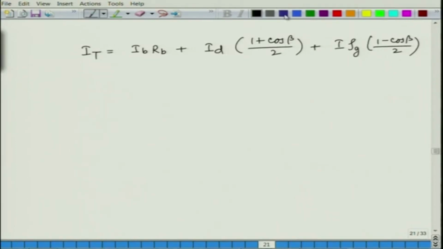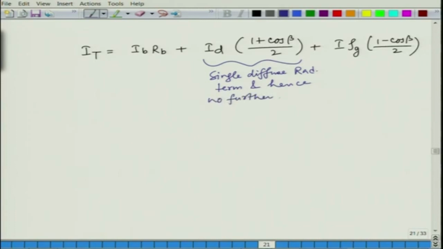So, here you note that there is a single diffuse radiation term, and hence no further subscript such as circumsolar or horizon brightening or isotropic etc. is used.